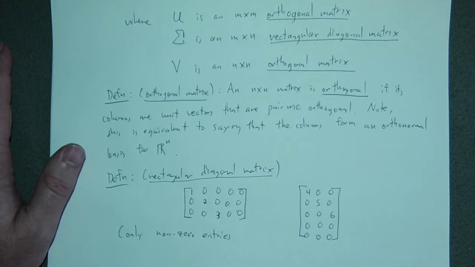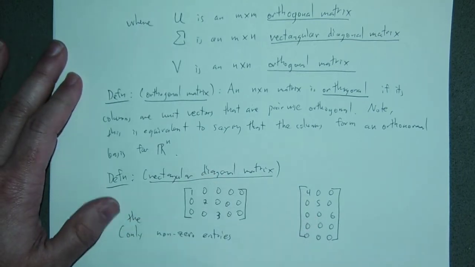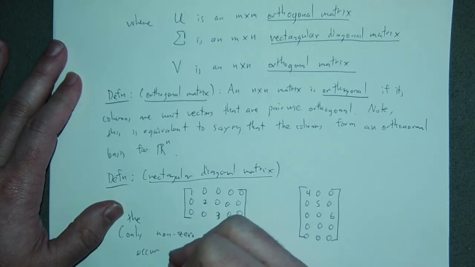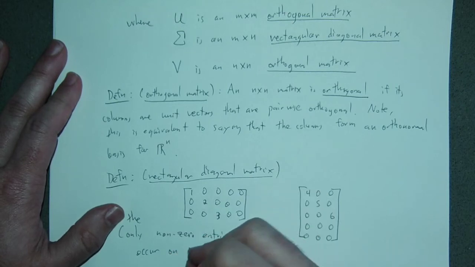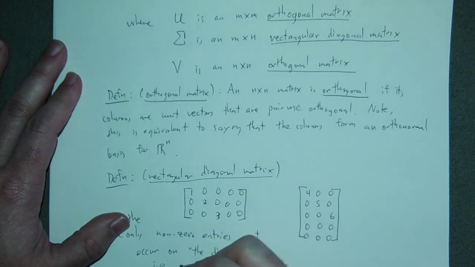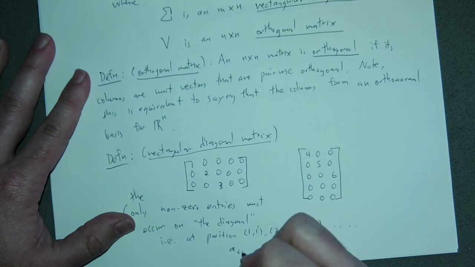The only non-zero entries must occur on the diagonal, i.e. at position 1,1, 2,2, 3,3, and so on, i.e. A sub i, right?